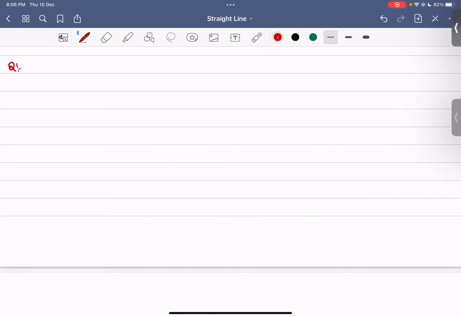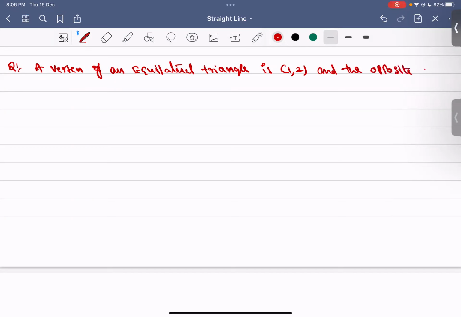A vertex of an equilateral triangle is (1, 2), and the opposite side is x plus y equals 1.